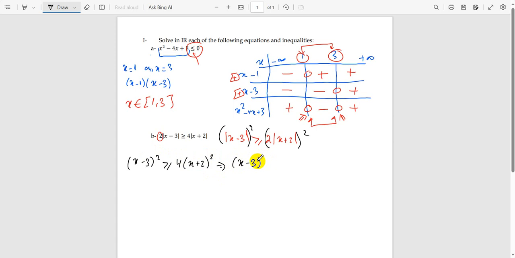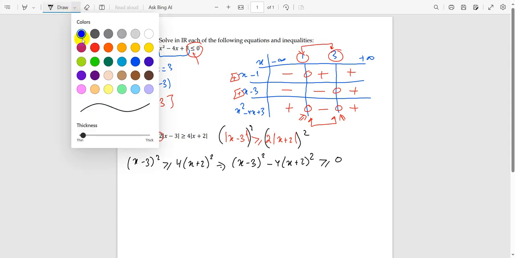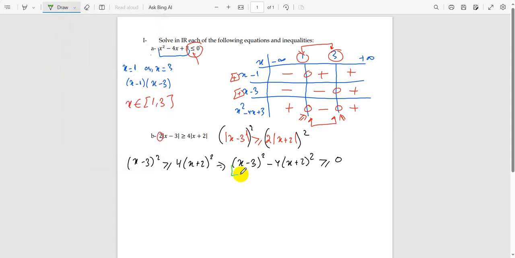by subtracting 4 times x plus 2 squared from both sides, and I will get 0 in the second side. Right now I have a squared minus b squared. Then it will be a minus b times a plus b.